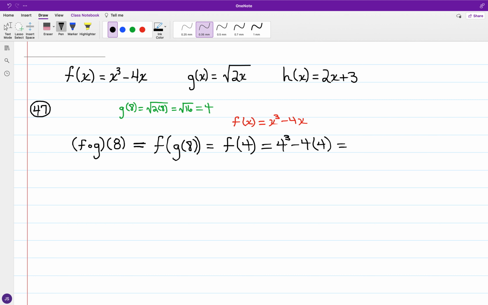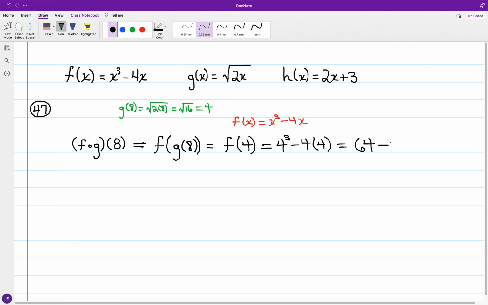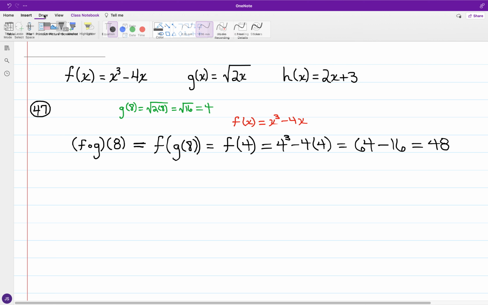Carrying out the operations, 4 to the third power is 64. Negative 4 times 4 is negative 16. And 64 minus 16 comes out to 48. So f composed with g of x whenever x is at 8 comes out to 48.